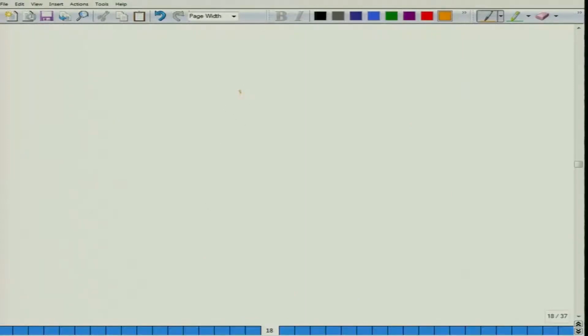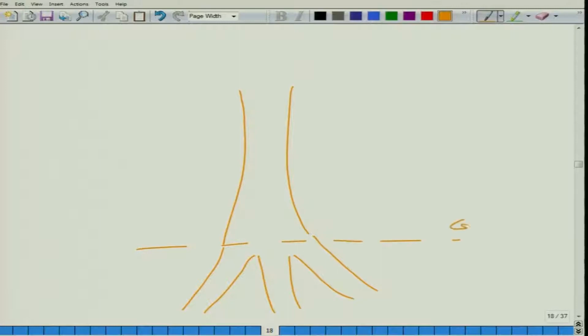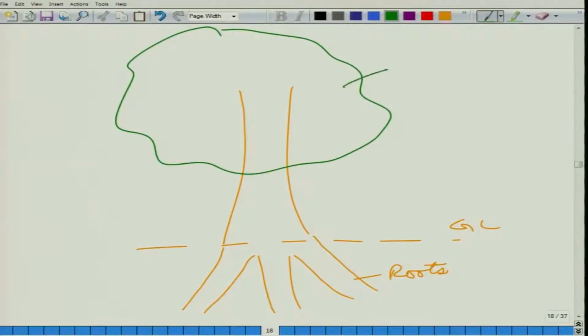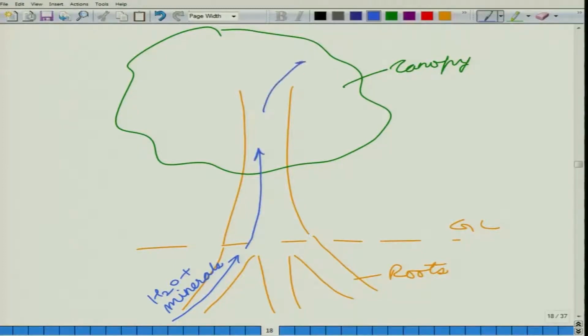Because let us consider a tree. So this is the ground level, these are the roots, and then this is the canopy. Now the roots are taking in water plus minerals from the soil, then that water and minerals, it goes up the bole and then it comes to the leaves.